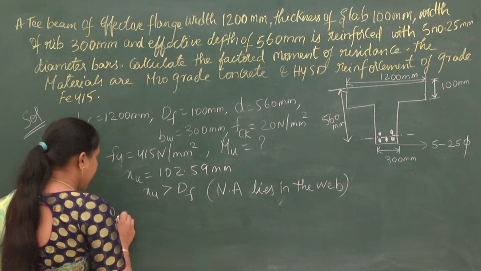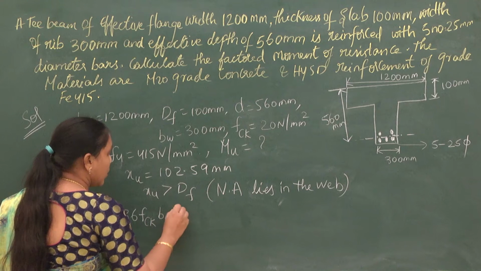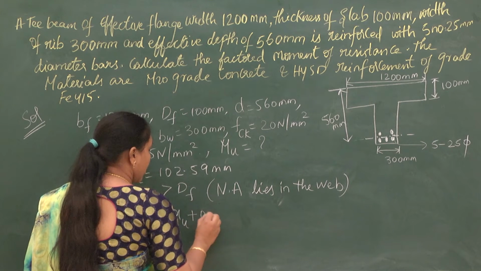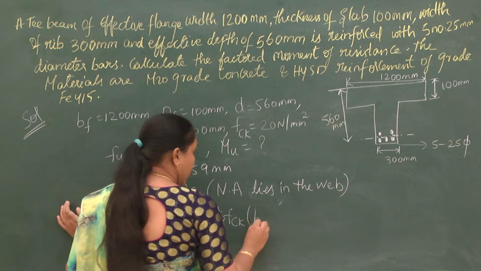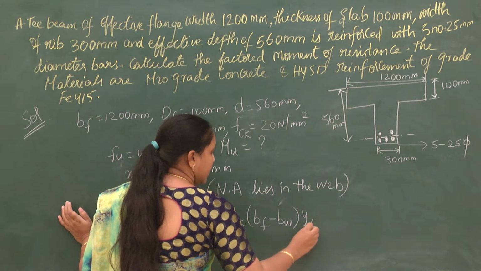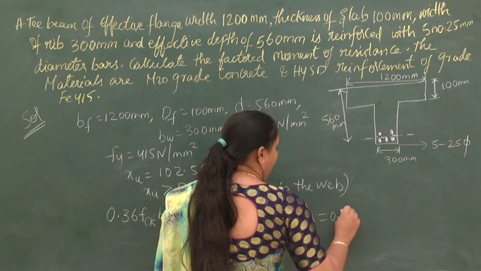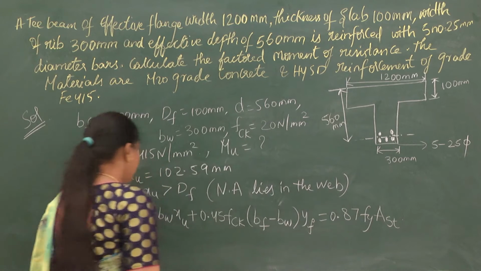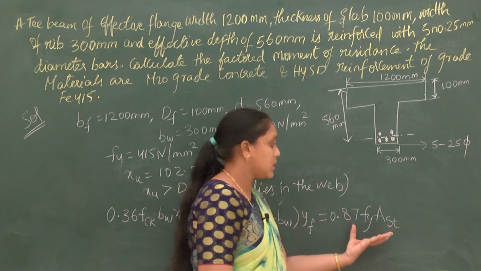When the neutral axis is lying in the web, it will be 0.36 FCK BW into XU plus 0.45 FCK into (BF minus BW) into YF is equal to 0.87 Fy into AST. So this is the force in compression and this is the force in tension.